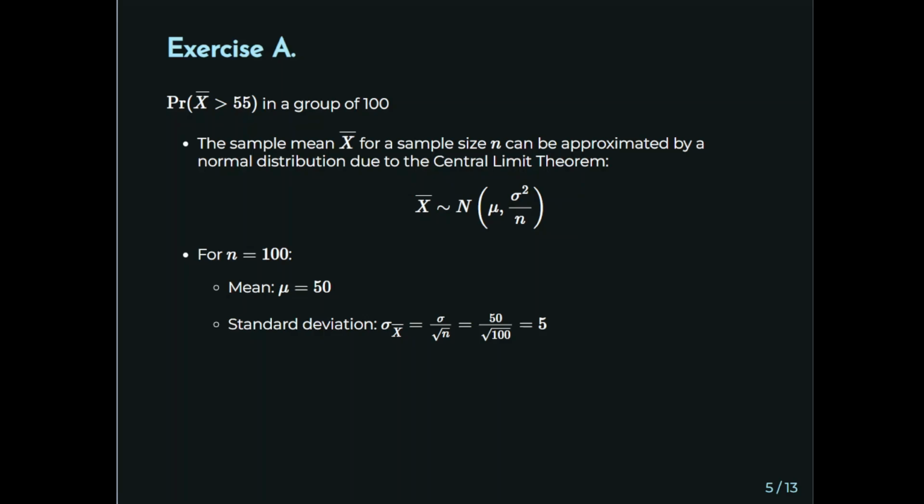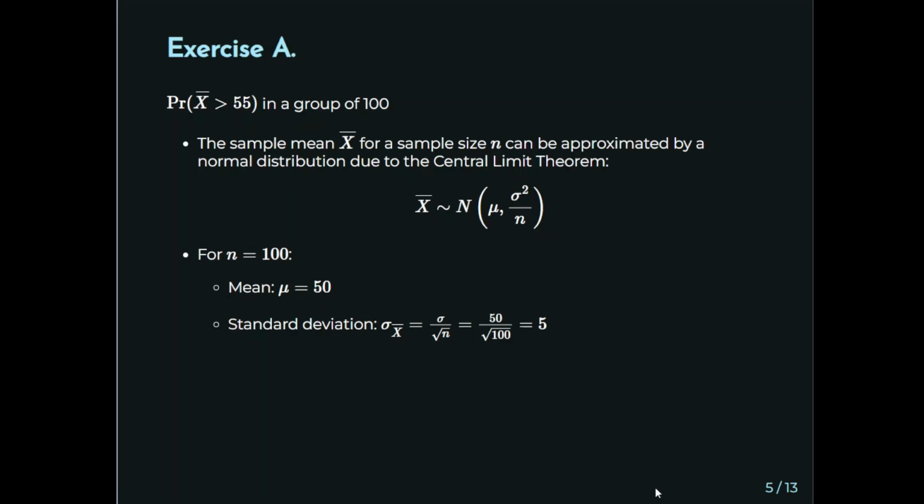What we're interested in here is the probability of the sample mean x bar being greater than 55 in a sample of 100. The sample mean x bar for a sample size n can be approximated by a normal distribution due to the central limit theorem, just a statement of what I said previously. X bar is a normally distributed random variable with mean mu and variance sigma squared divided by n.